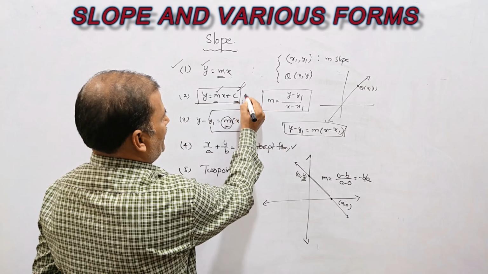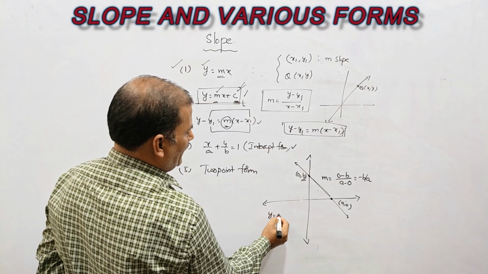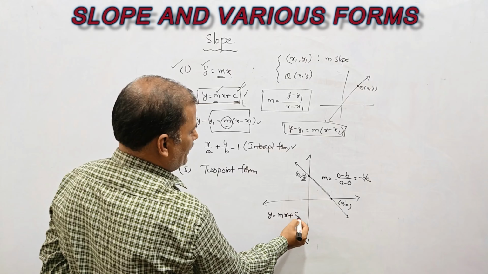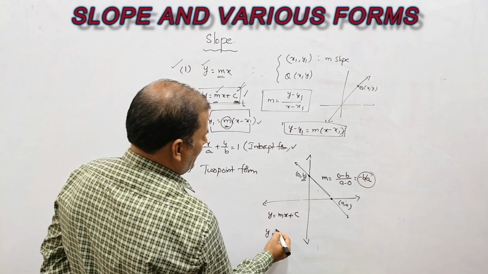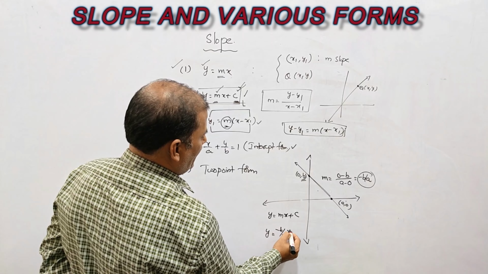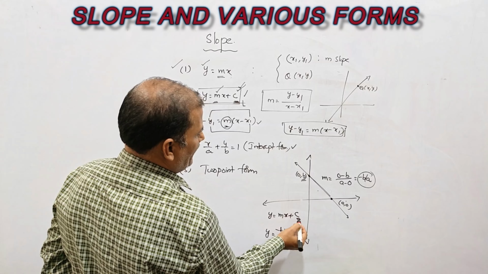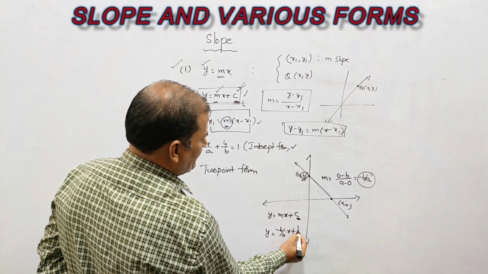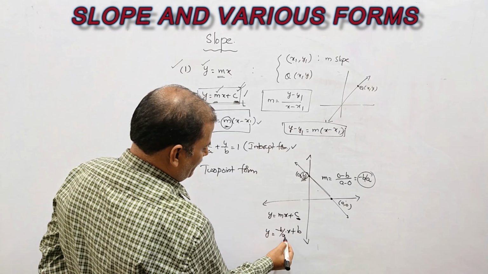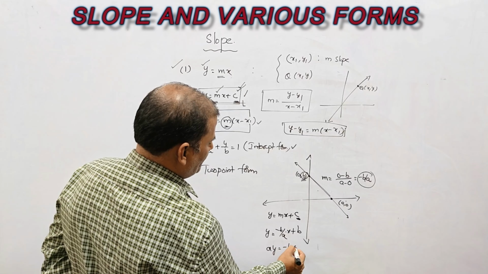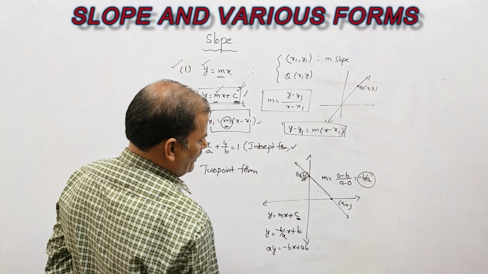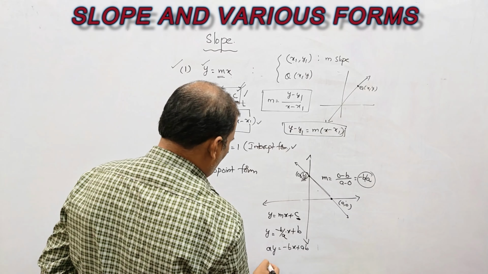Therefore in intercept formation we know that y is equal to mx plus c. Now y is equal to, what is m here? Minus b by a into x plus c, where c means y-intercept. Here the y-intercept is b. Now by cross multiplication, ay is equal to minus bx plus ab. Now we divide by ab on both sides.